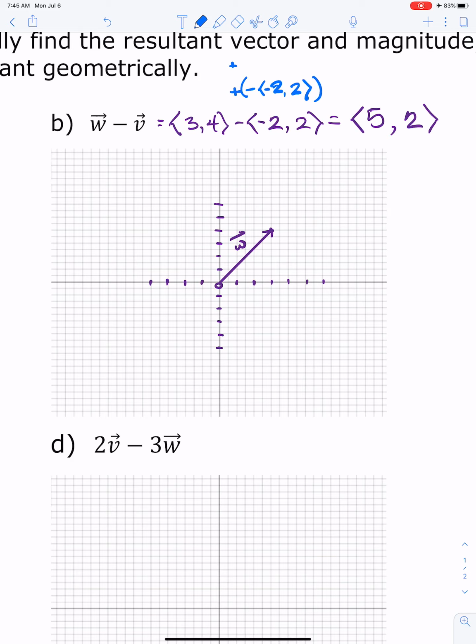So it'd be the same as adding the vector positive 2, negative 2. So that's what I'm going to do. From the terminal point of vector w, I'm going to go positive 2, negative 2, so here is my vector negative v.